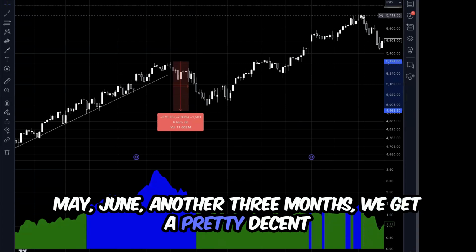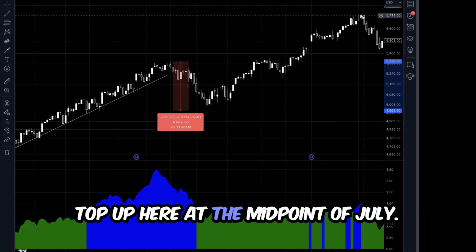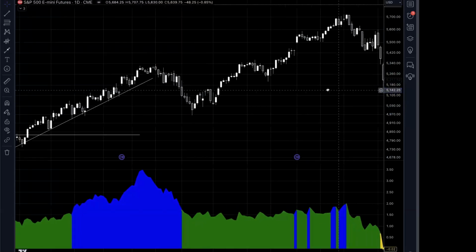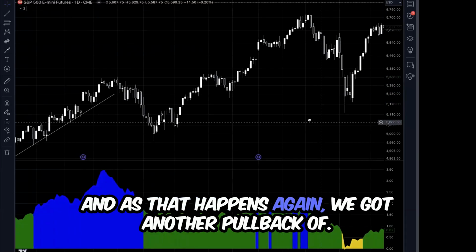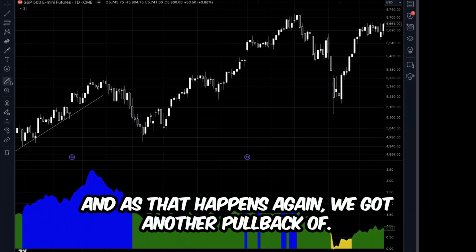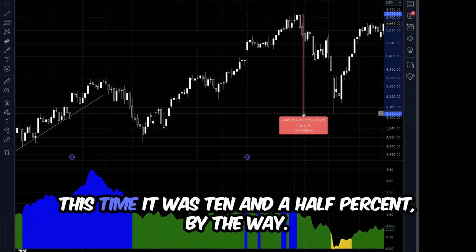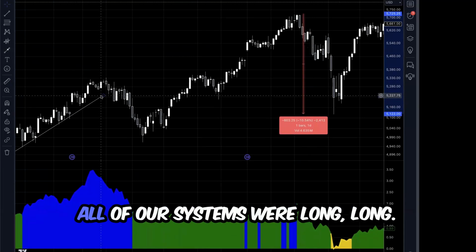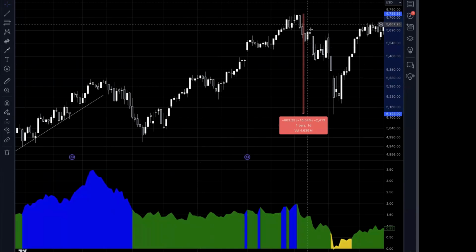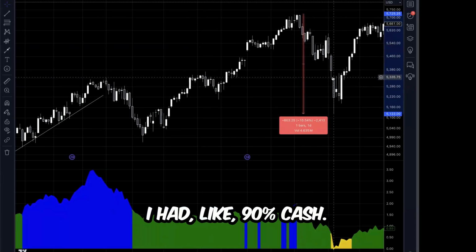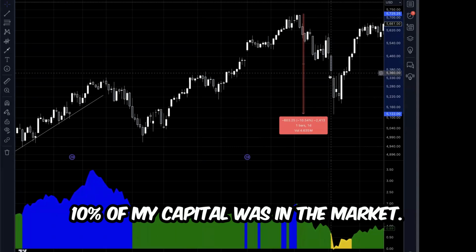We get a pretty decent top up here at the midpoint of July. And as that happens, we got another pullback, this time of 10.5%. By the way, all of our systems were long, and then we exited. I had 90% cash; 10% of my capital was in the market.